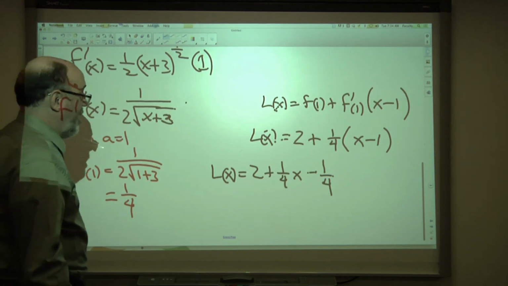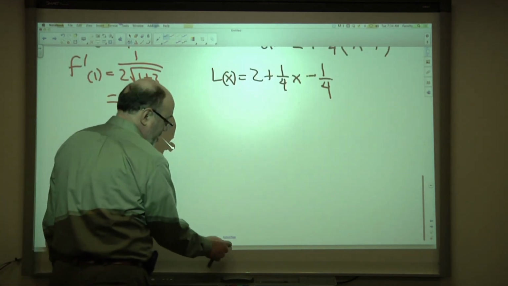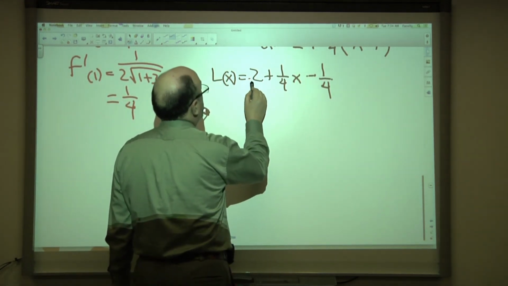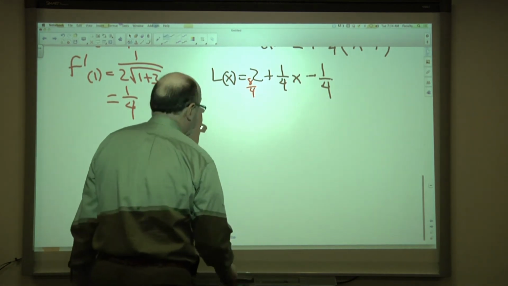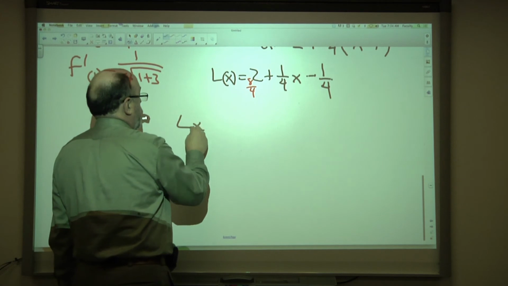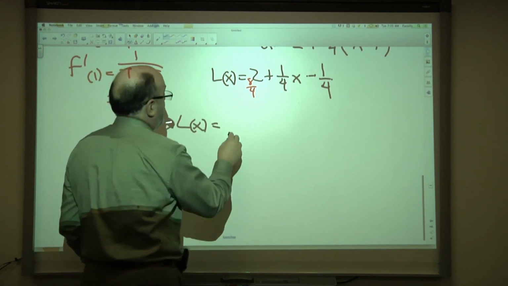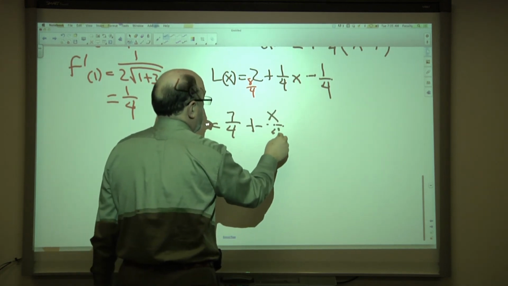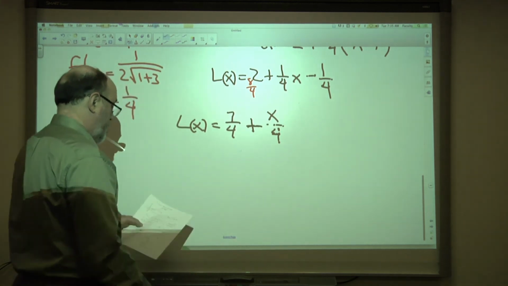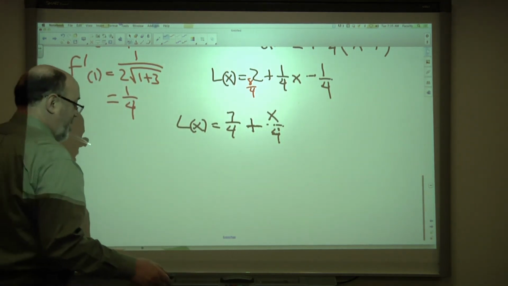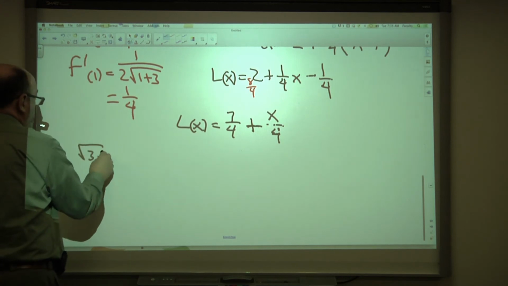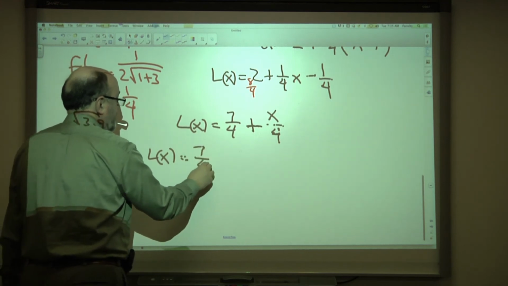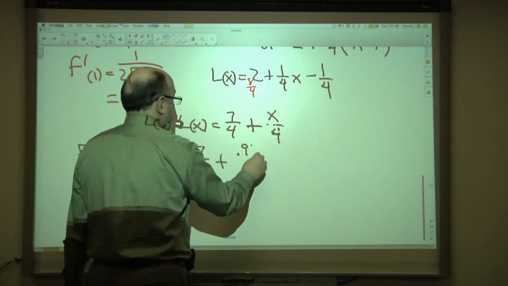We have fractions, so we want to have a common denominator, which will be 4. So 2 is going to be the same thing as saying 8 over 4. And so L of x is going to equal 7/4 plus x over 4. Okay. So now, for the square root of 3.98, we get that L of x is going to equal 7/4 plus 3.98 over 4.